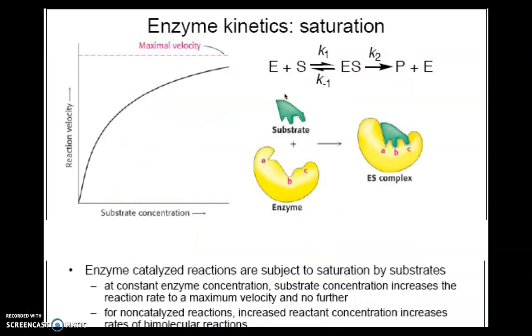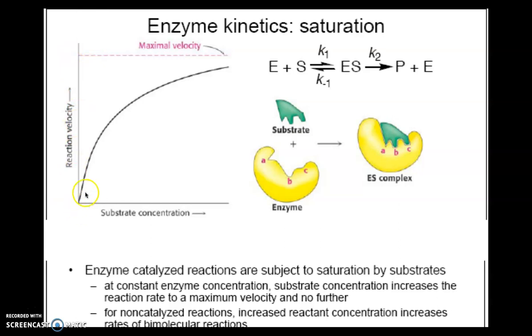Right, this is enzyme kinetics. Let's say you are running an enzymatic reaction, so it's enzyme plus substrate. It will produce the enzyme-substrate complex and then product and enzyme. So what you will record is substrate concentration against reaction velocity, or what we call your reaction rate.